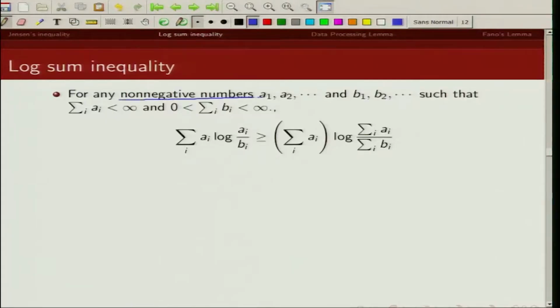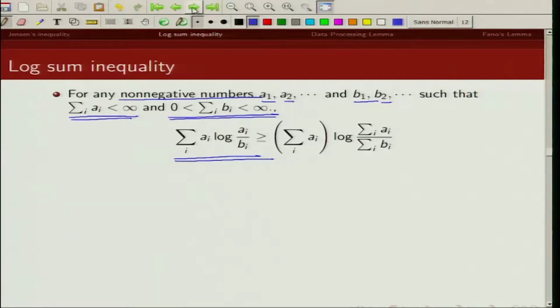If you have non-negative numbers a1, a2, a3, up to an, and b1, b2, b3, up to bn, where the summation of these ai is bounded and the summation of these bi is greater than 0 and again bounded, then the log sum inequality says that the summation of ai log ai by bi is greater than or equal to the summation of ai log of the summation of ai by the summation of bi. So this is basically your log sum inequality.